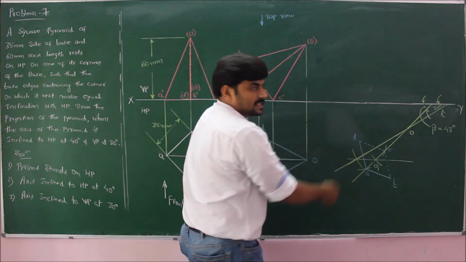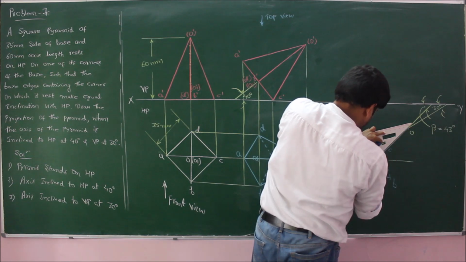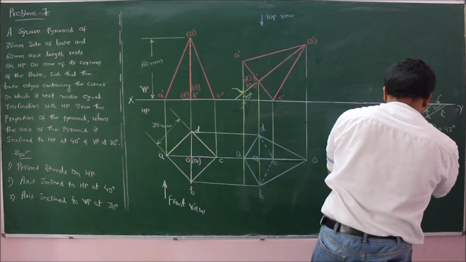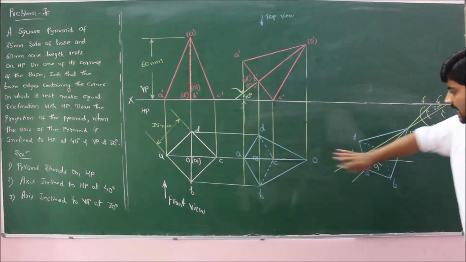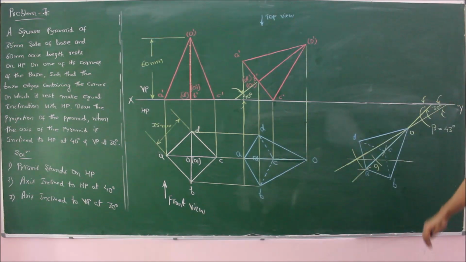Now draw the slant edges. This completes the transfer of the diagram, in which the axis OO1 is making an angle of beta, which is 43 degree with vertical plane.